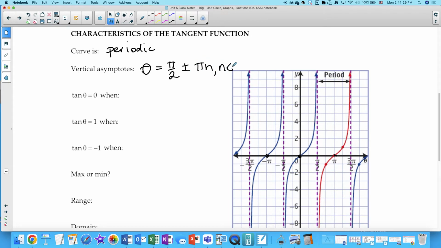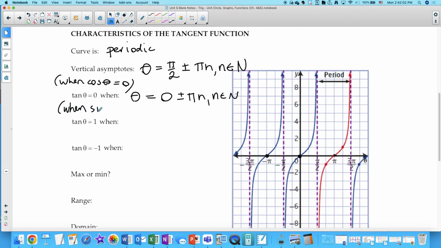And just a reminder, this is when cosine theta equals 0. Those vertical asymptotes come from the fact that the denominator of this function is cosine theta. So whenever that's equal to 0, we're going to have a problem. Okay? Tan theta equals 0 when theta equals 0 plus or minus pi n. N is an element of the reals. And this comes from when sine theta equals 0.